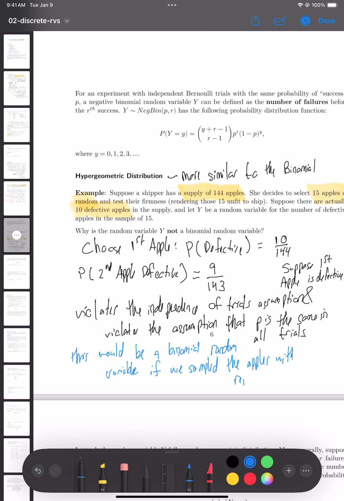So if we sampled an apple, looked at whether it was defective, and then put it back, if that was a possibility, then this would be a binomial random variable because now p is the same from trial to trial and we have independence of trials.